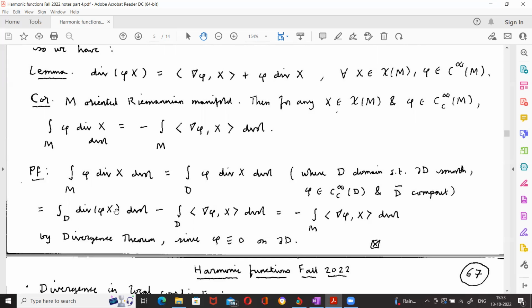And this first term vanishes by the divergence theorem, because this becomes an integral of phi X inner product N over the boundary of D, and phi is 0 on the boundary of D. That's how we chose the domain D. So this term vanishes, and you are just left with this term, which is minus the inner product of grad phi with X dvol. Is this okay?